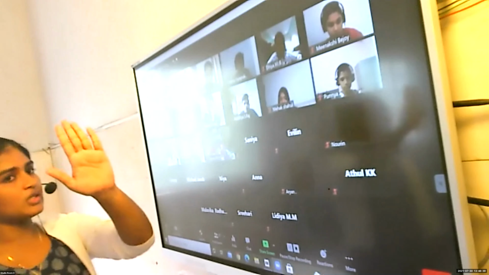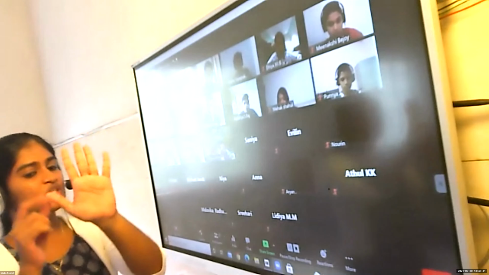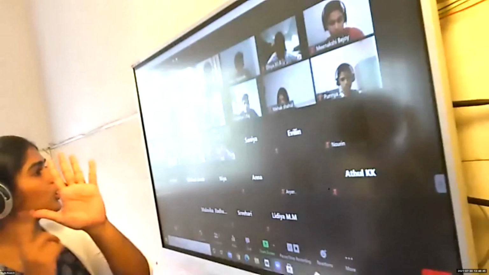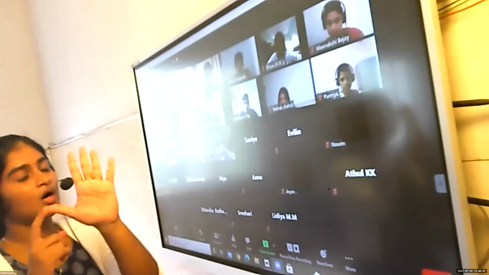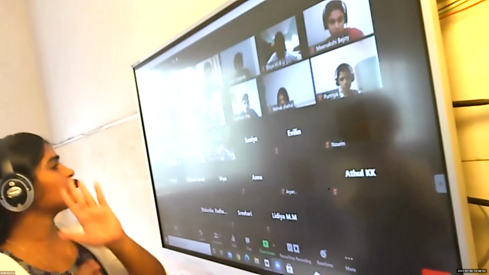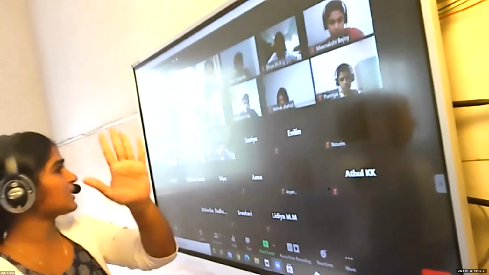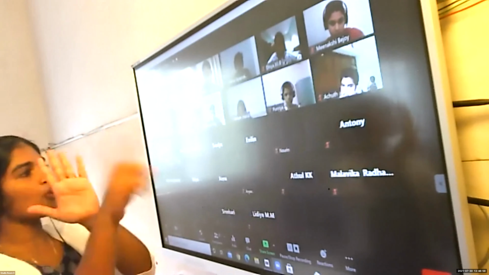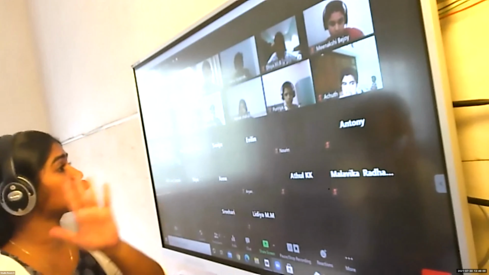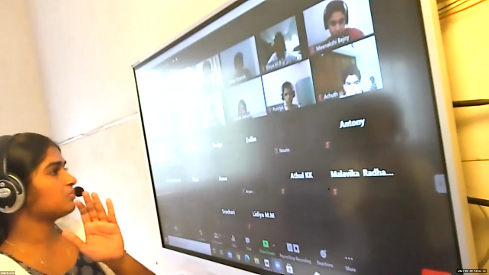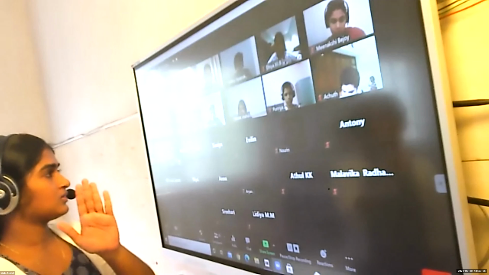Because in the mirror image, where is your thumb? Is it on the right side or left side? It is in the opposite direction, right? That is considered non-superimposable.